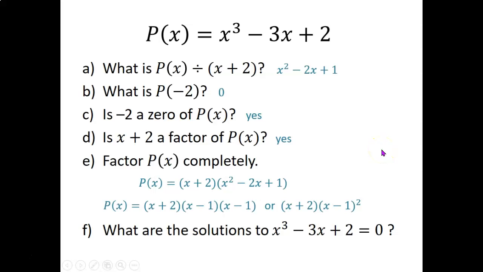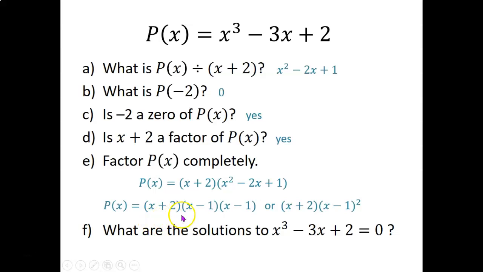And what are the solutions to the equation x cubed minus 3x plus 2 equals 0? Well, remember, that's the polynomial that we just factored. We saw that this factors into x plus 2 times x minus 1 times x minus 1. So what we're really looking at here is, okay, when is that equation true?